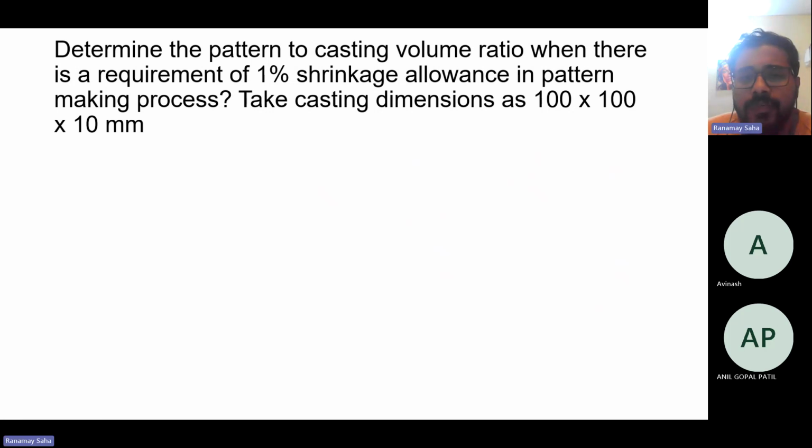That is solidification shrinkage, the shrinkage that happens when cooling down from freezing to room temperature. The allowance which needs to be taken care of during solidification shrinkage is the maximum. The question says: determine the pattern to casting volume ratio when there is a requirement of 1% shrinkage allowance in the pattern making process.